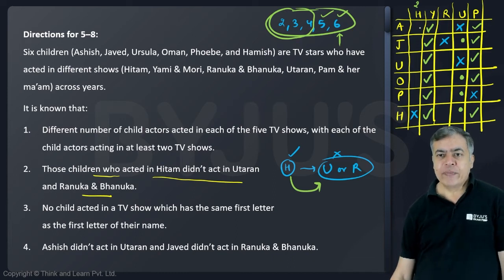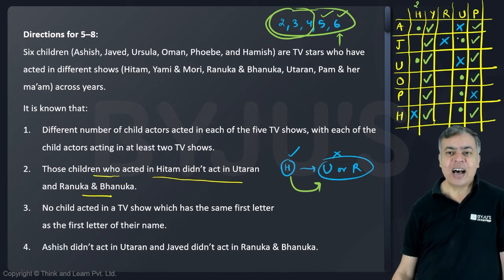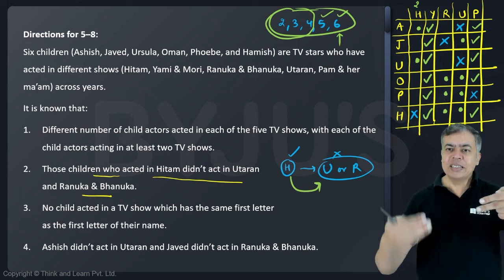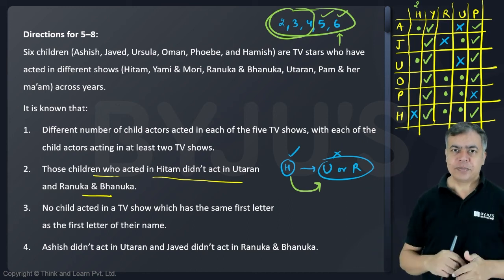So H will definitely be here and here only. Because H is there, R cannot be there, so R will be here only. So I got this first case where H has 2 actors, R has 3 actors, U has 4 actors.